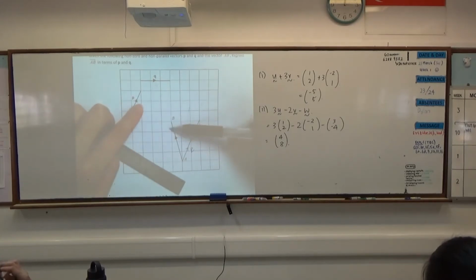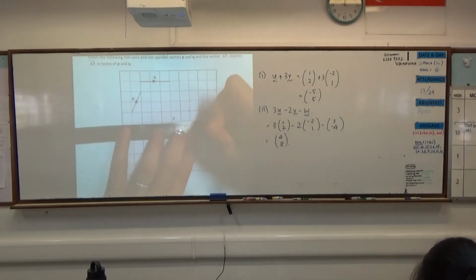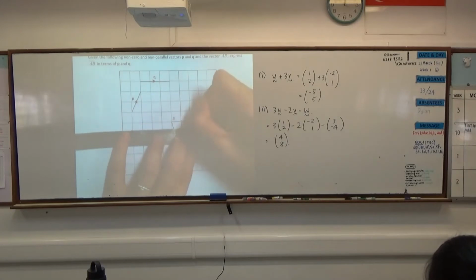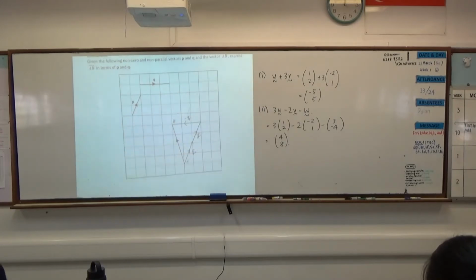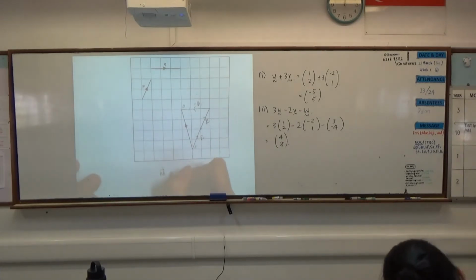And 3 units to the left is the reverse of my vector Q. So this direction will be negative Q. And therefore AB equals 2P plus Q.